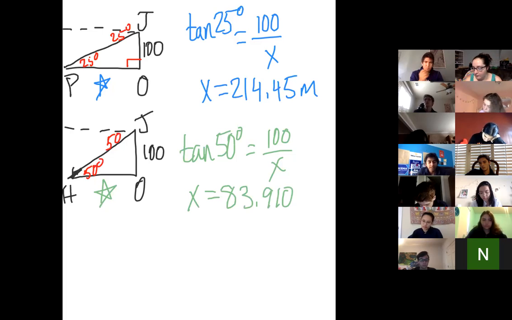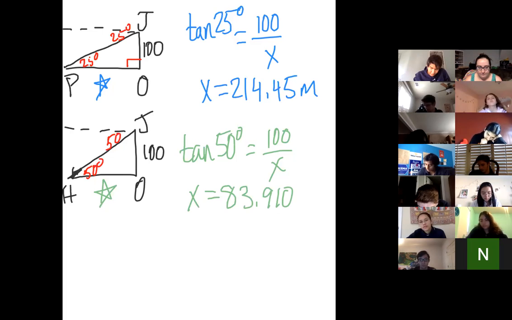Can you explain the HJO triangle again? I just don't know how you do it. It just looks tilted. It's like the corner of a room almost.